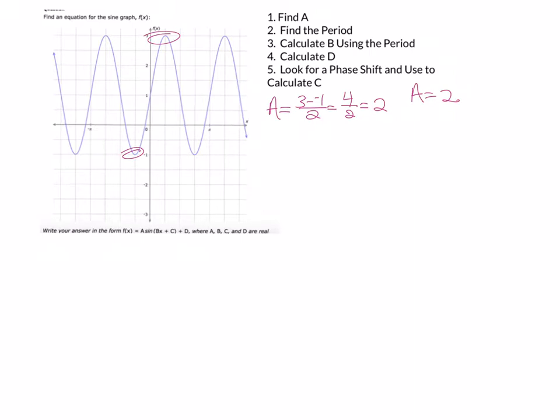Our period on this particular problem, do we have anything going through? We don't. So we're going to have our unit of pi over 4 here: 2 pi over 4, 3 pi over 4, 4 pi over 4, 5 pi over 4.